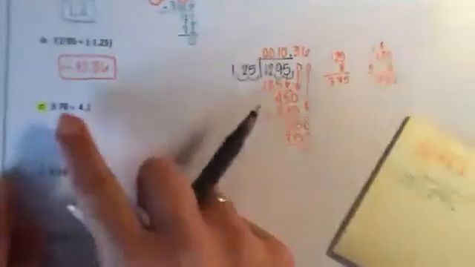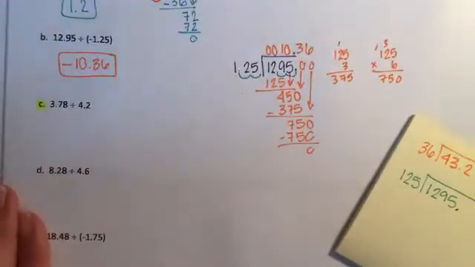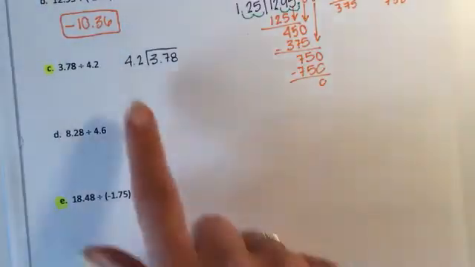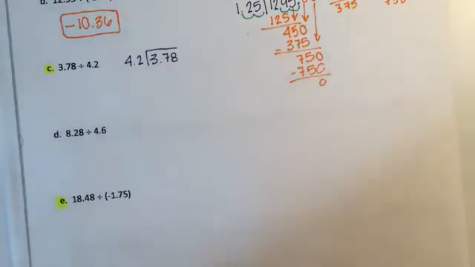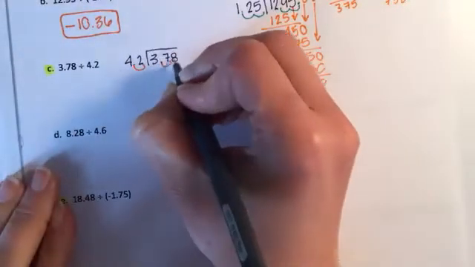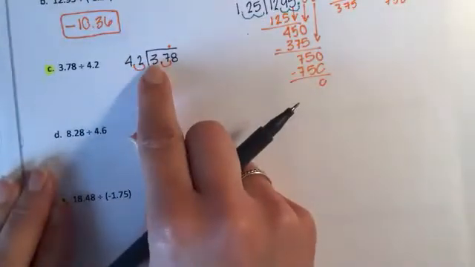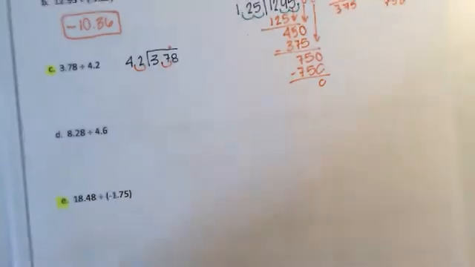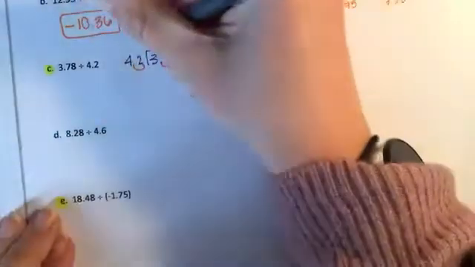Okay, so now I'm going to have you do C. So the first thing here is that I have to move this one spot. So it gets moved one spot. Does 42 go into 3? And the answer is no. Does 42 go into 37?